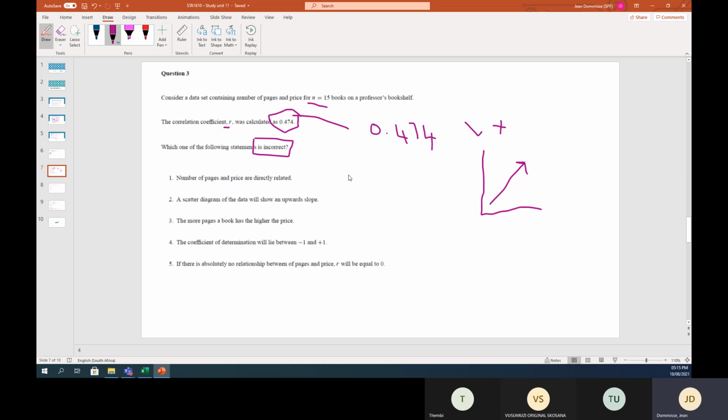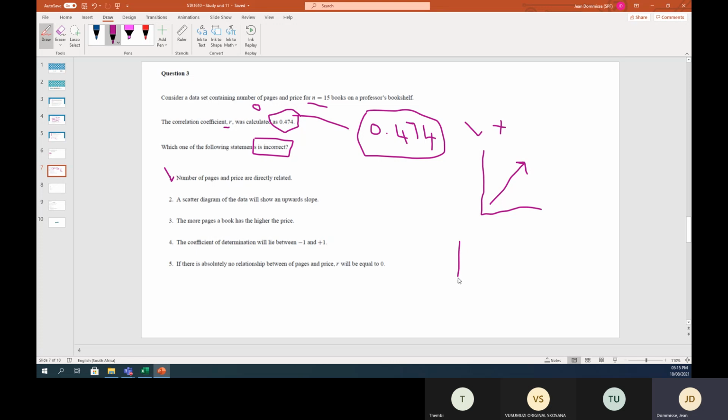Yes, because there is a correlation. If the answer was 0, we would have said they're not related. But because there is at least more than 0 or less than 0, we know that it is directly related, so that is correct.